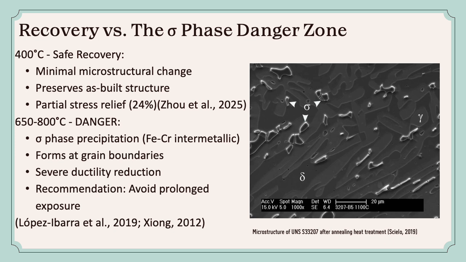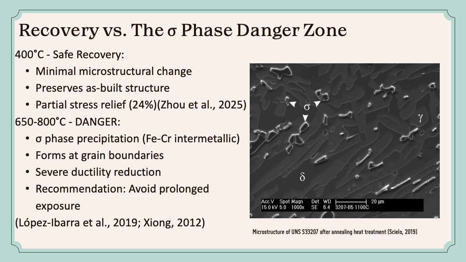Heat treatment can have both beneficial and harmful effects on stainless steel microstructures. At around 400 degrees Celsius, recovery occurs with minimal microstructure change. The as-built structure is largely preserved, while some residual stress is relieved. However, the temperature range between 650 and 850 degrees Celsius is often considered the sigma phase danger zone.